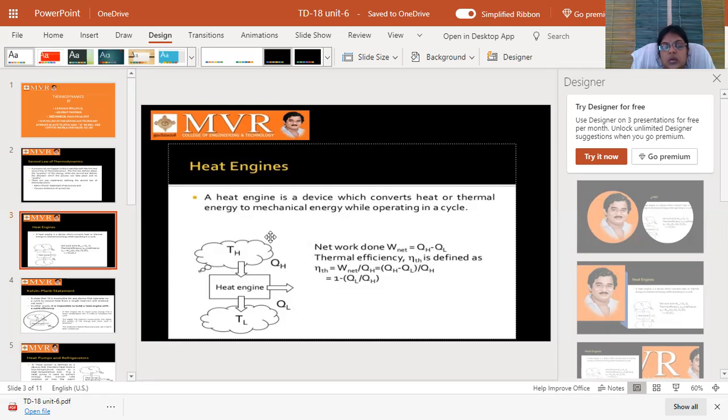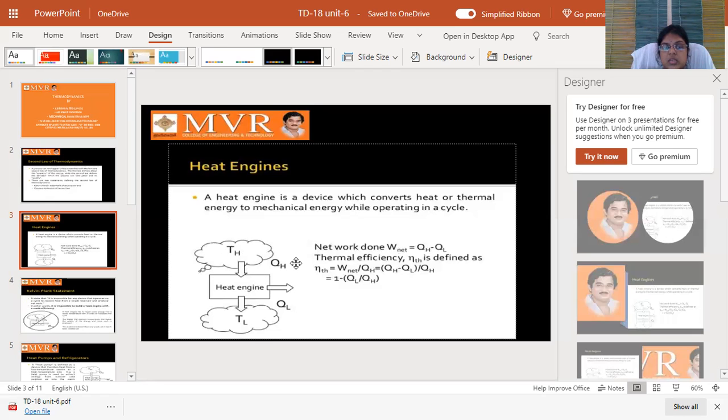When we take the heat from the source, it does not change its temperature; it maintains a constant temperature. That is why we call it a source. This TH is called the source.